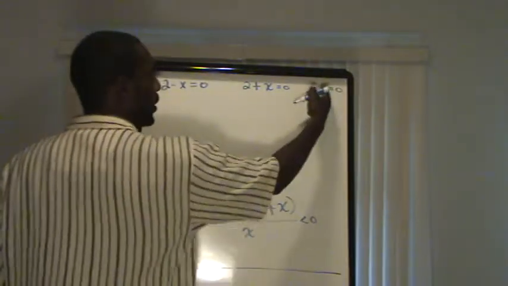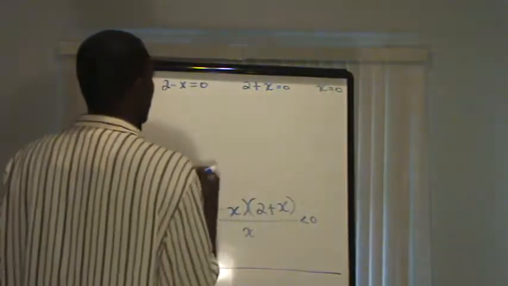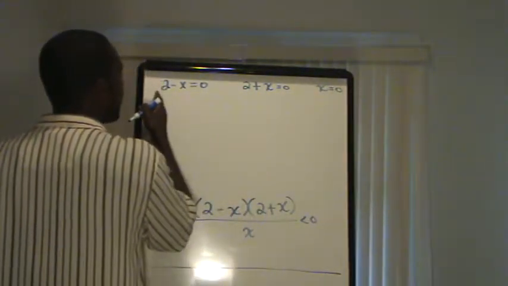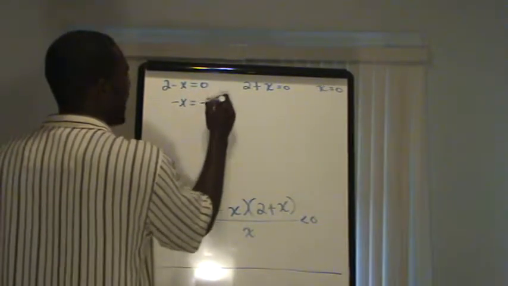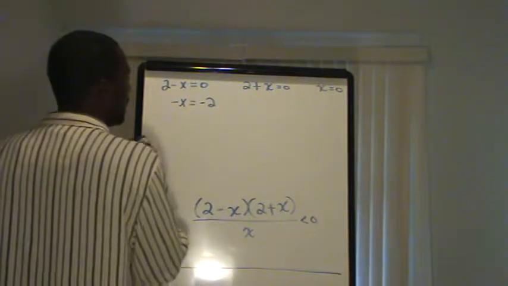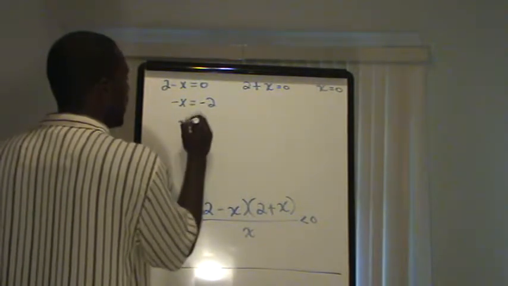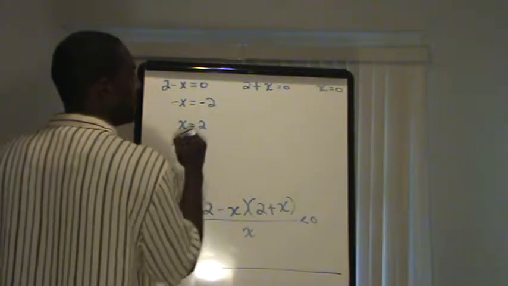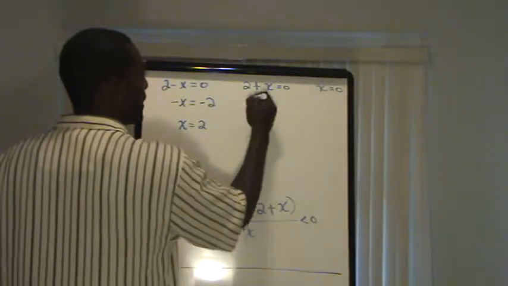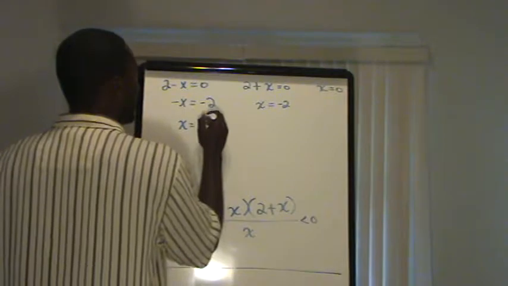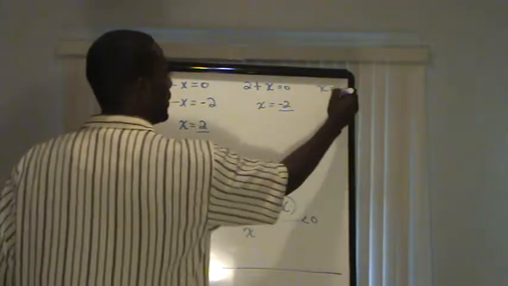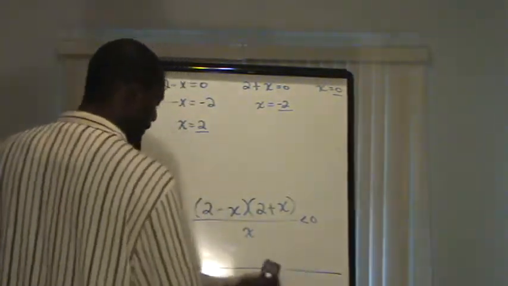So 0 is a test point. Subtract 2 from both sides: negative x is equal to negative 2. Divide both sides by negative 1 and x is equal to 2. For the other one, subtract 2 from both sides and x is equal to negative 2. So my 3 test points are 2, negative 2, and 0.